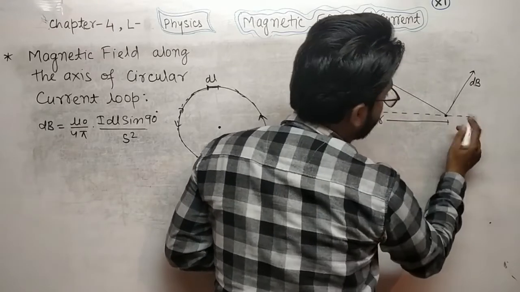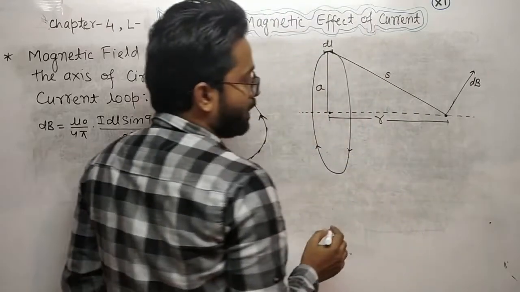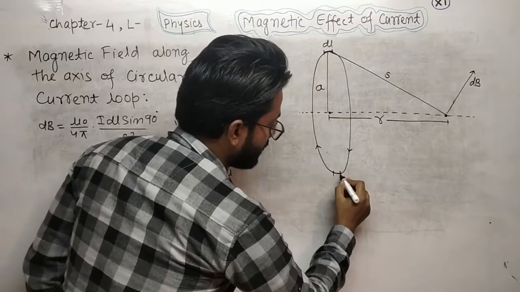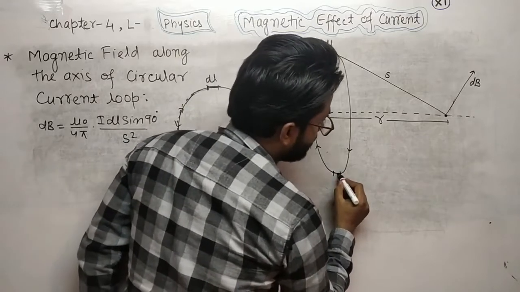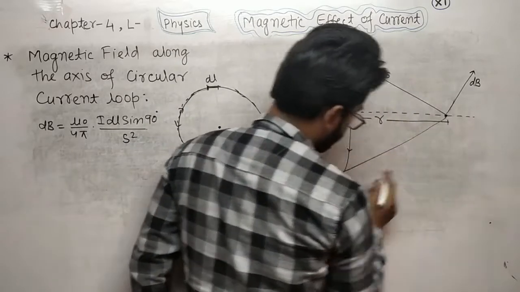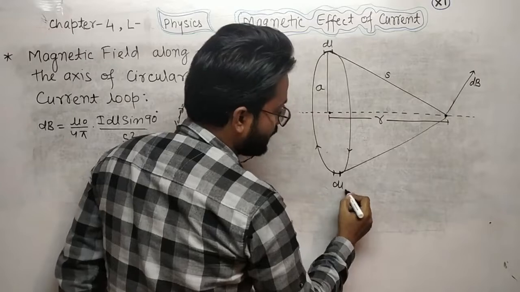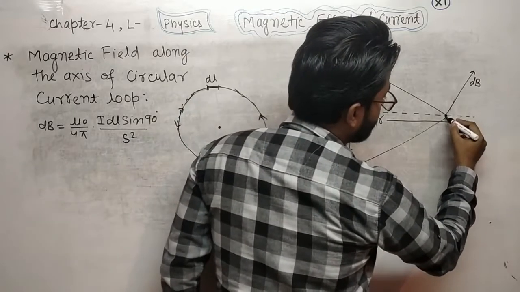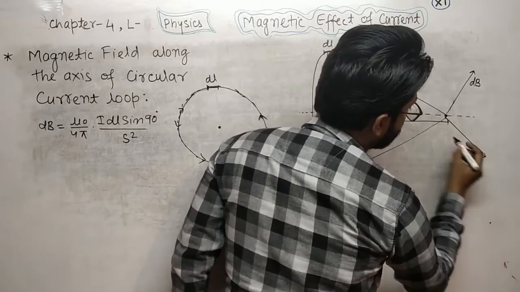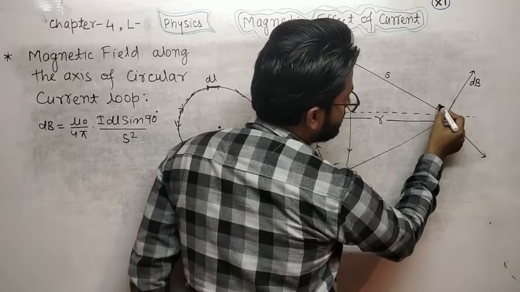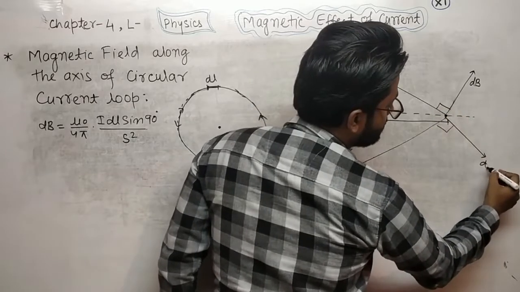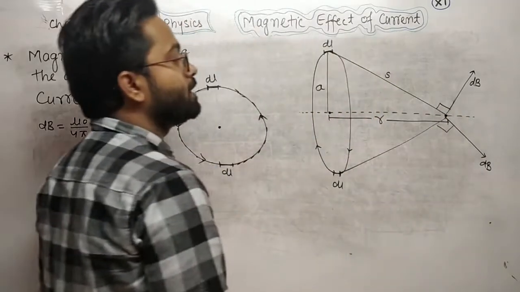This is the magnetic field. Similarly, the magnetic field due to this particular dl element will be perpendicular to it, and this is also the magnetic field dB.